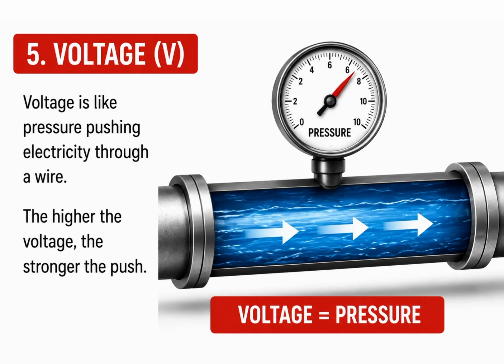The higher the voltage, the stronger the push. So the higher the pressure, the more water can flow. So voltage equals pressure. In both cases it is a force: in the case of water, pressure is a force that pushes the water to move, and in the case of electricity, voltage is a force that pushes current to move.